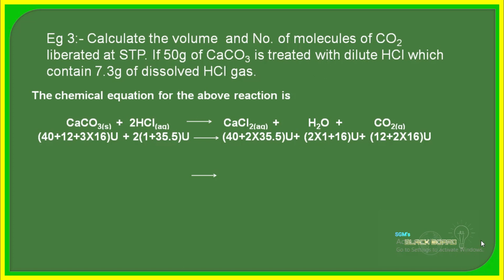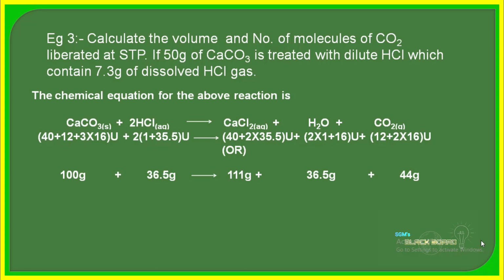Calcium carbonate: 40 plus 12 plus 3 into 16. 2 HCl: 2 into (1 plus 35.5). CaCl2: 40 plus 2 into 35.5. H2O: 2 into 1 plus 16. CO2: 12 plus 2 into 16.